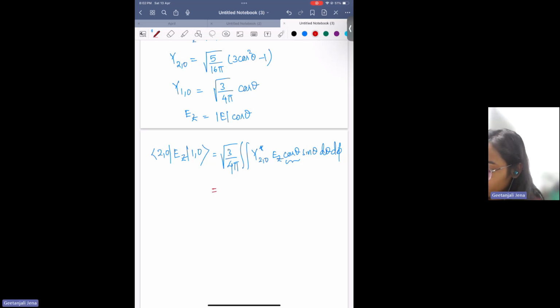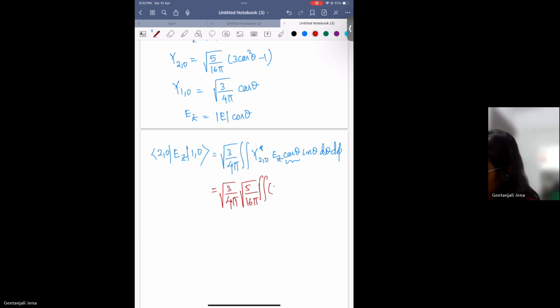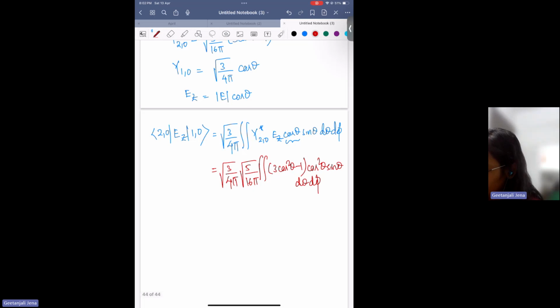Now you have to put the expression for Y20. This is root 5 by 16 pi integration of 3 cos squared theta minus 1, cos squared theta sin theta d theta d phi. Okay, so the d phi integration is from 0 to 2 pi, right? It will give 2 pi.